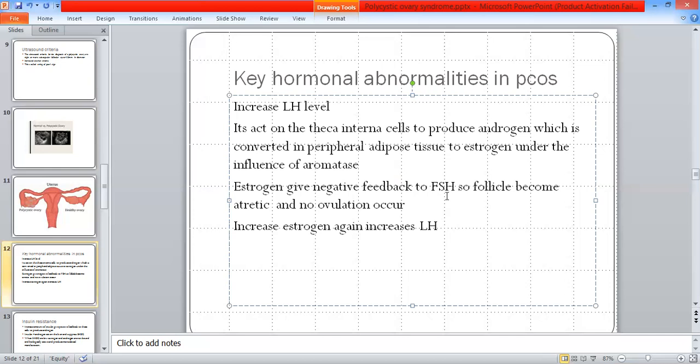When the FSH level is decreased, the follicles in the ovaries do not undergo development. No mature follicle is formed, and the follicles present in the ovary undergo atresia. So no ovulation occurs, and the ovary has the appearance of a polycystic ovary.